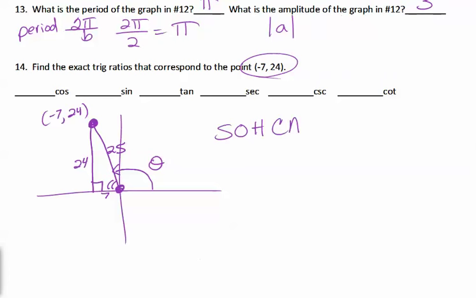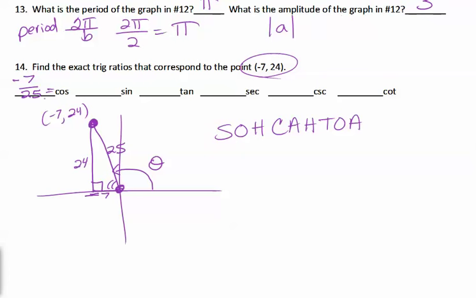So now the only difference is that we have to use SOHCAHTOA. Our hypotenuse is not equal to 1. It's not going to fit in the unit circle. So for the cosine, these are written in kind of odd order. The cosine of our angle would be the horizontal leg to the hypotenuse. And I should put a negative 7 here to remind me that the x-coordinate in quadrant 2 is going to be negative.